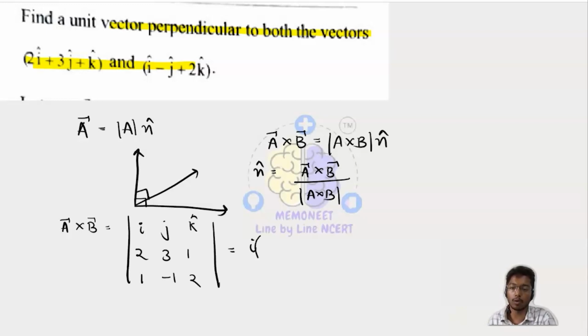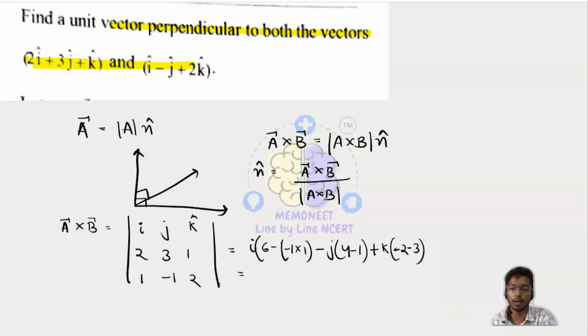That is i whole into 3 into 2, 6, minus minus 1 into 1, plus minus j whole into 2 into 2, 4, minus 1, plus k whole into 2 minus 3.